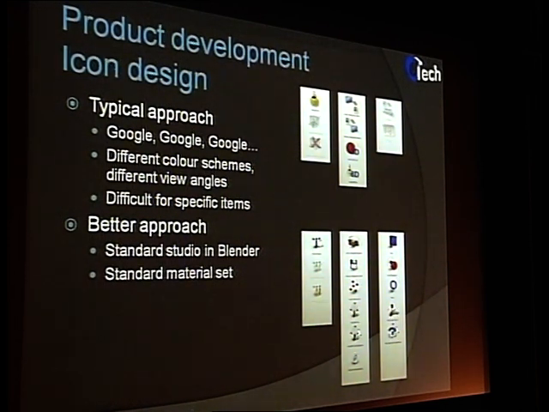And in some cases you also need very specific items, which you don't find on the web anyway. So a better approach there is in Blender. Make a kind of standard three-light studio. You just place into it whatever you want, and with the same color set. So the icons here at the bottom are all made with Blender.